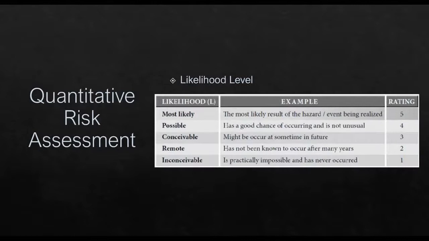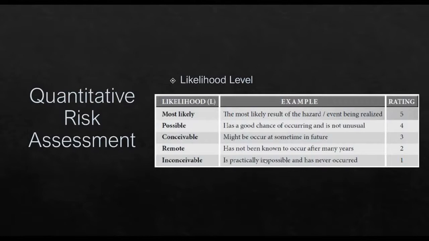Okay, and the likelihood level, as we can see, is most likely, possible, conceivable, remote, or inconceivable. Okay, the description of each of the likelihood levels here is, for example, inconceivable is practically impossible and has never occurred.